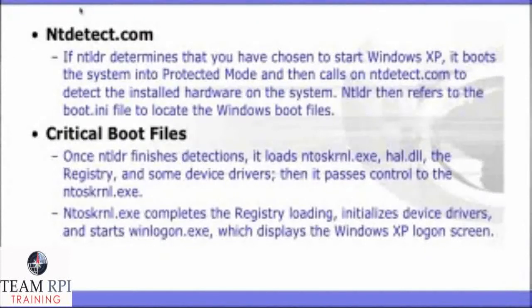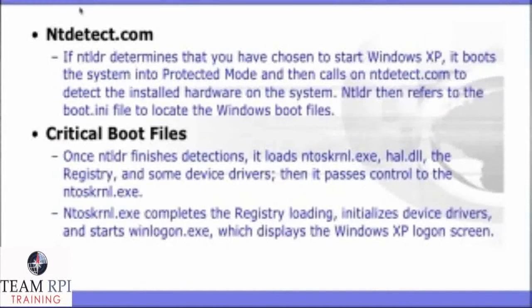Next, we have the ntdetect.com. If the NT Loader determines that you have chosen to start Windows XP, it then will boot the system into protected mode and then calls on the ntdetect.com to detect the installed hardware on the system. The NT Loader then refers to the boot.ini file to locate the Windows boot files. Next, all necessary and critical boot files are loaded.